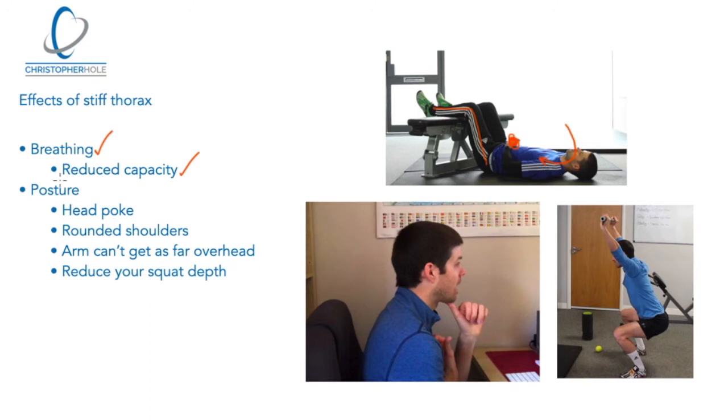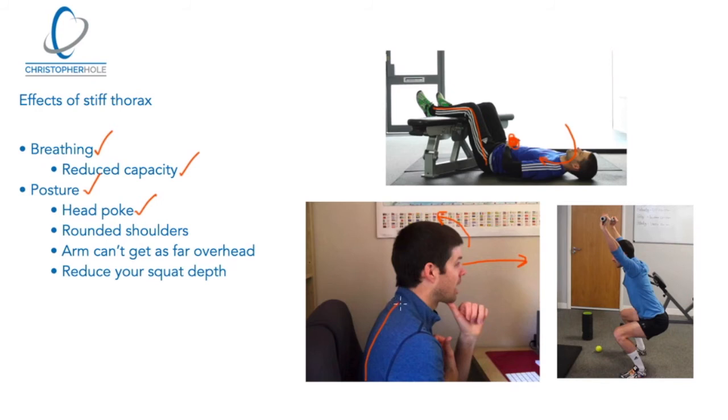When we then come on to posture, we'll sort of work our way, in some respects, down the body. So we're going to start with the head poke. As you can see, again, I'm sat here at my desk and I've got a rounded spine. If my spine is rounded, in order for me to be able to see my screen, I have to lift my head up.